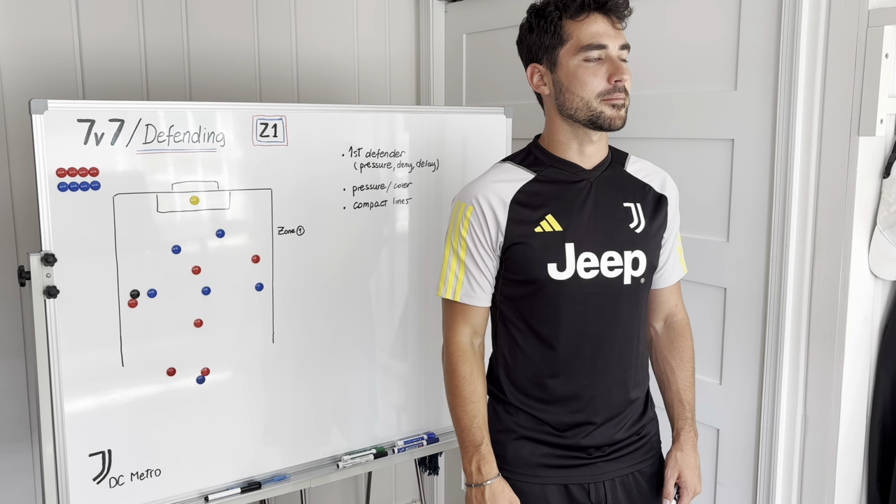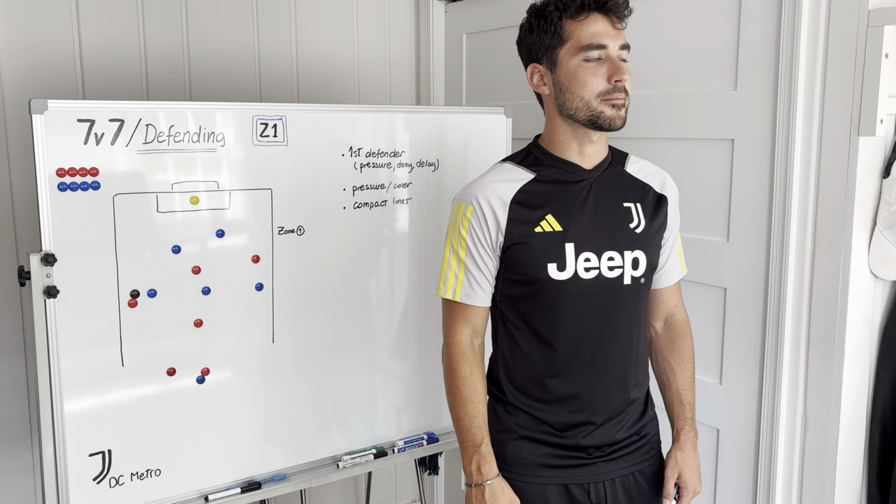Very easy to slip a ball through and send them to goal. However, if we position ourselves in a flat line of cover, we are going to deny a lot of diagonal runs, and we're going to put this player in a position of offside, okay? So that is why we want to teach our players to position themselves in a line of cover that is flat.